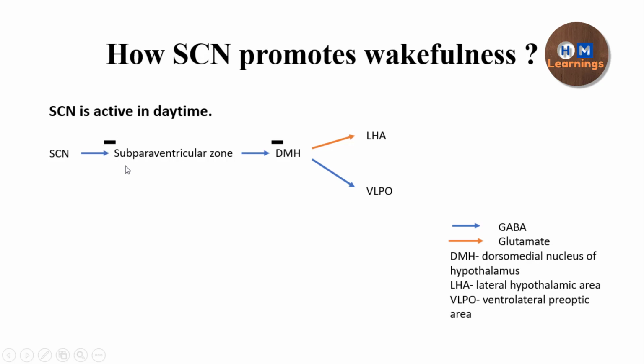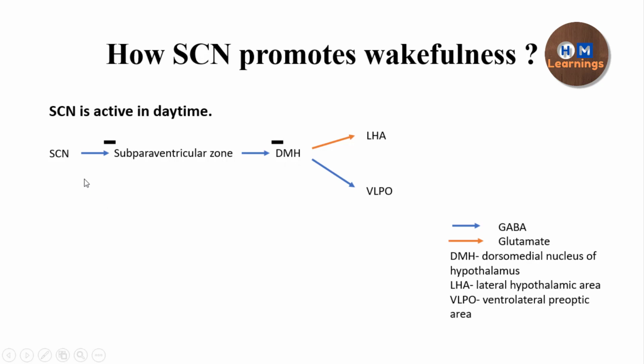So which area is it inhibiting? The subparaventricular zone, which is in the hypothalamus. Now the subparaventricular zone also has GABAergic projections which go to the dorsomedial nucleus of the hypothalamus, so it is inhibiting this area.